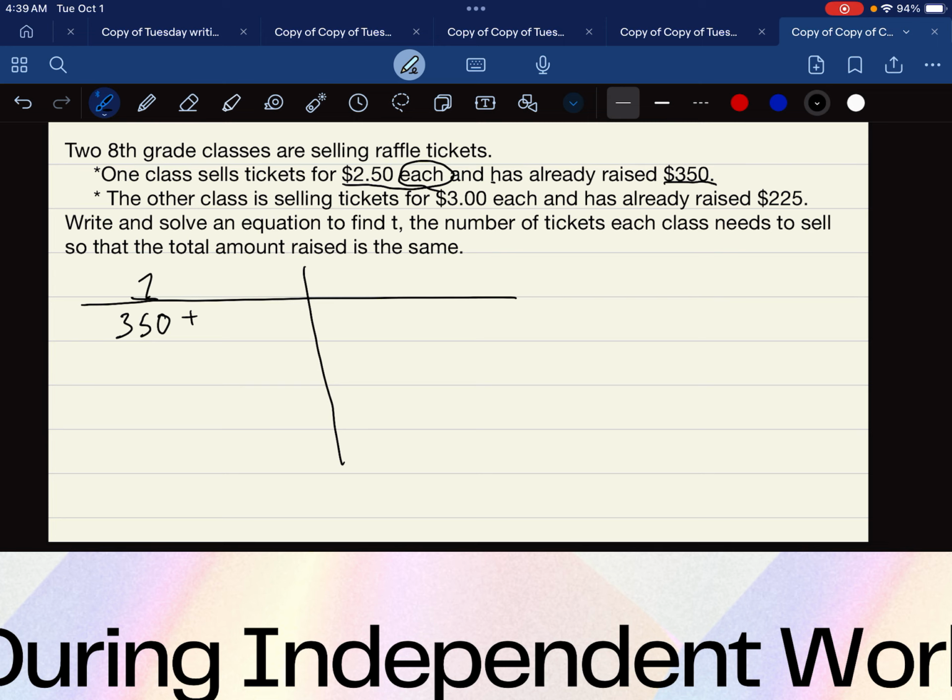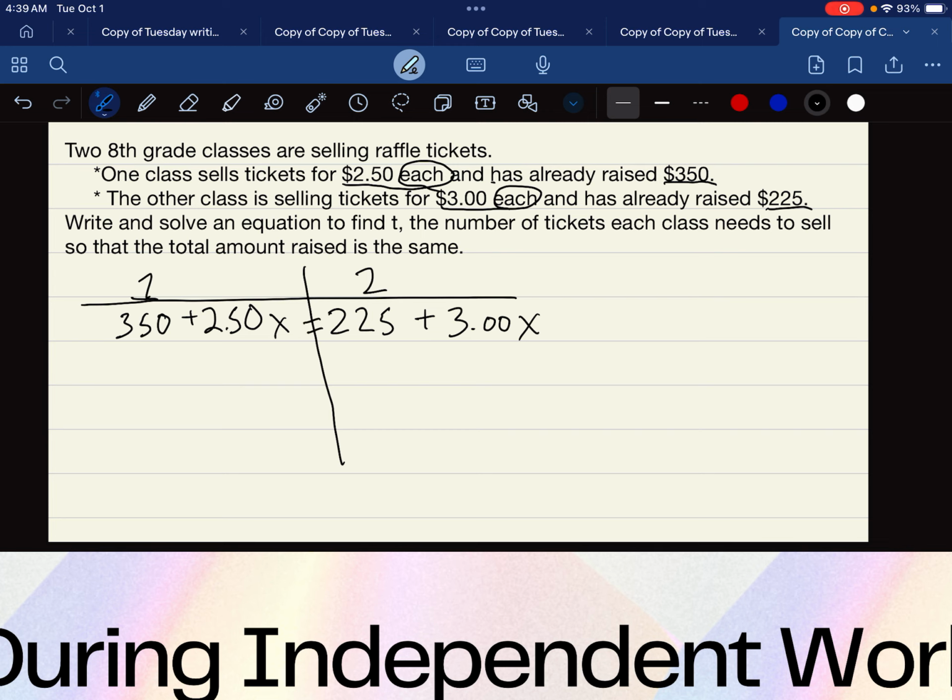And to that, we're adding the raffle tickets we sell at $2.50 each. So that's got my x. And then class 2, or the other class, is selling them for $3 each and has raised $225. So $225 plus $3 each. And we want to write and solve an equation for t.